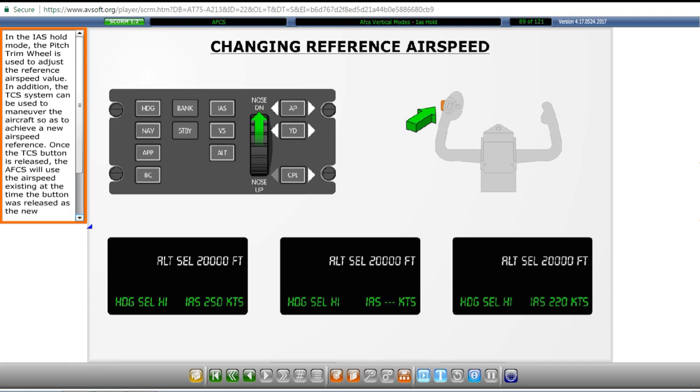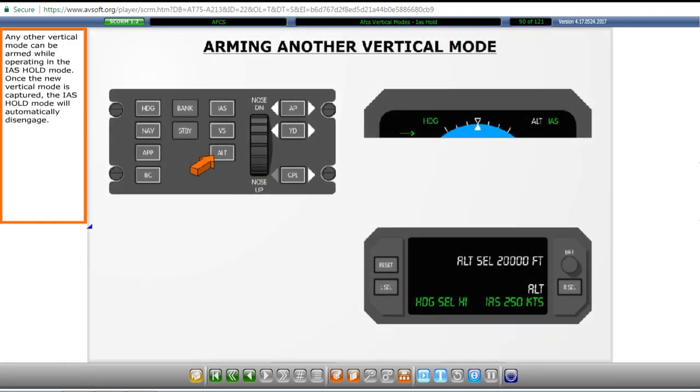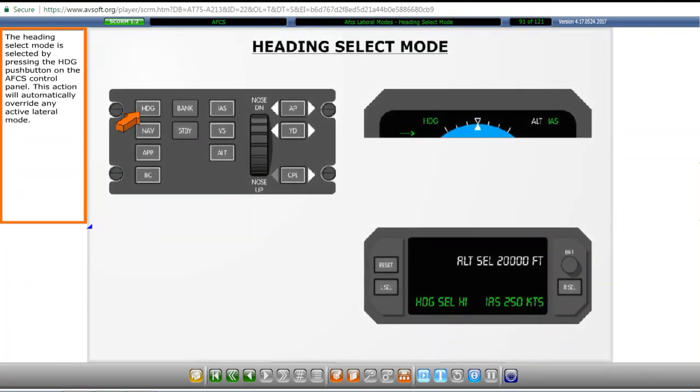Once the TCS button is released, the AFCS will use the airspeed existing at the time the button was released as the new indicated airspeed reference. Any other vertical mode can be armed while operating in the IAS hold mode. Once the new vertical mode is captured, the IAS hold mode will automatically disengage.